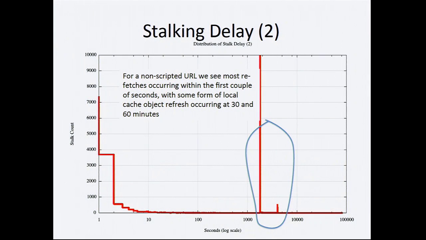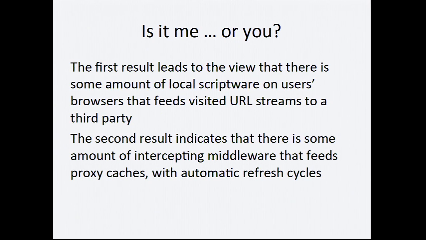So, the 10 seconds, let's try the same experiment without the 10-second timer. This is a different piece of the same experiment, but there's no internal 10-second timer. Now there's a massive peak at half an hour and 1 hour. So I'm kind of thinking that there's two kinds of stalkers out there. You've invited some of them into your house, into your browser.